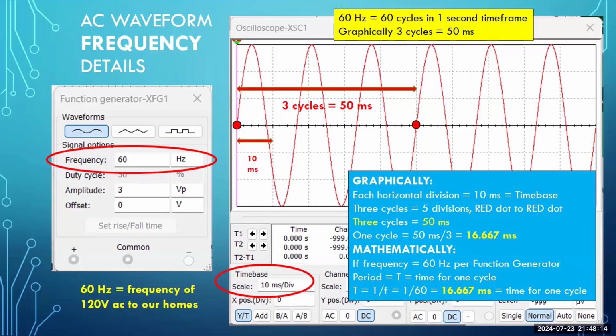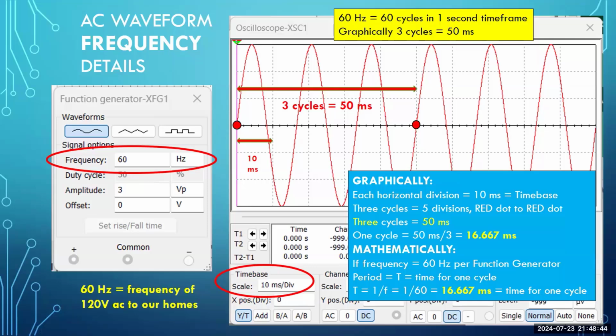And it turns out if you count the divisions, we have 5 divisions. 1, 2, 3, 4, 5. Each one is 10 milliseconds wide. So that gives you 50 milliseconds between the red dots. However, the 50 milliseconds between the red dots is for 3 cycles.